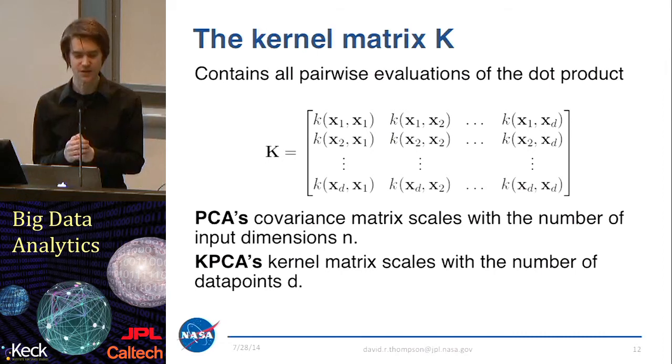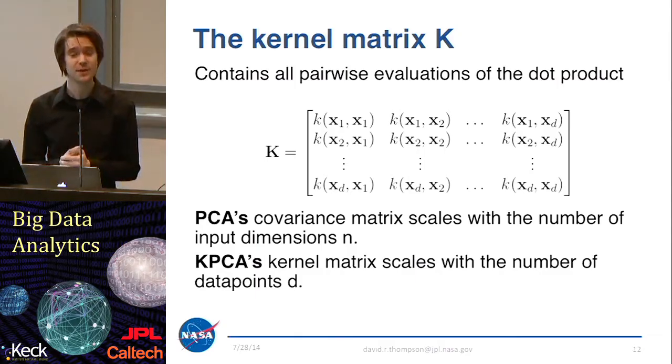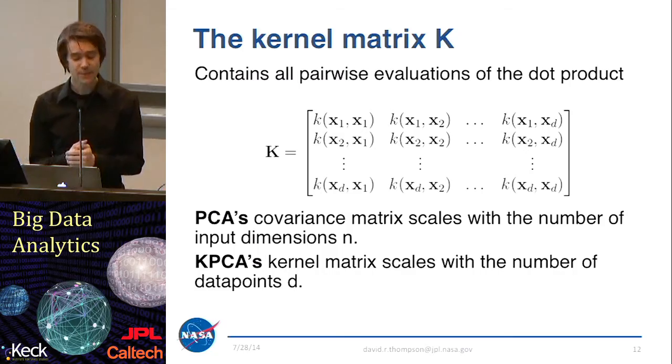This is slightly different than PCA, where the covariance matrix is scaled with the number of input dimensions n. Here in KPCA we're working with this kernel matrix that is dimensioned according to the size of our data set, because we're calculating the dot product of all data points against all the others. So this scales with d, the number of data points in our training set.